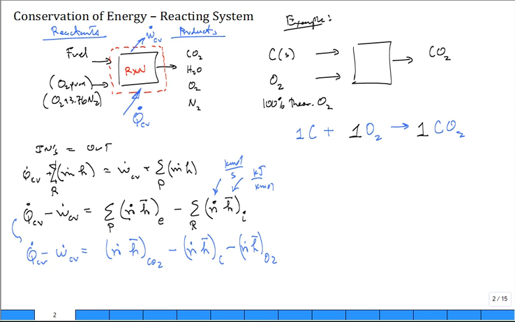We know how to do differences, either on a mass basis or a mole basis, for the change in enthalpy of water or ammonia or refrigerant. But how do I compare the differences between carbon, carbon dioxide, and oxygen? Well, I'm glad you asked, and I'm glad other people have studied it before us.